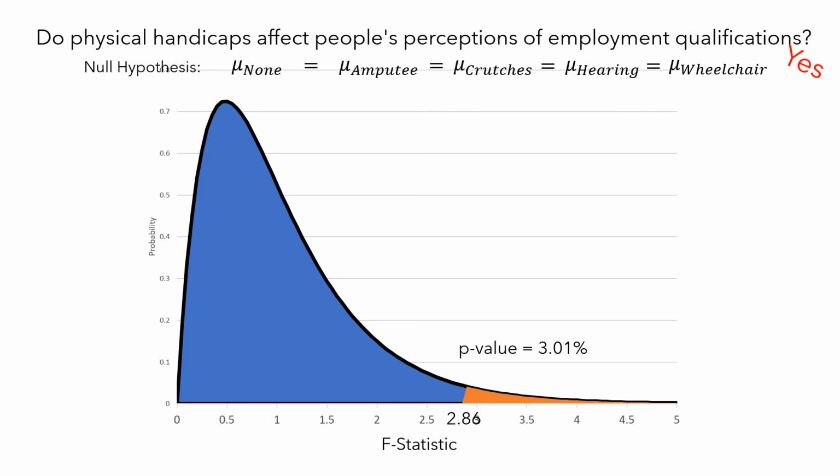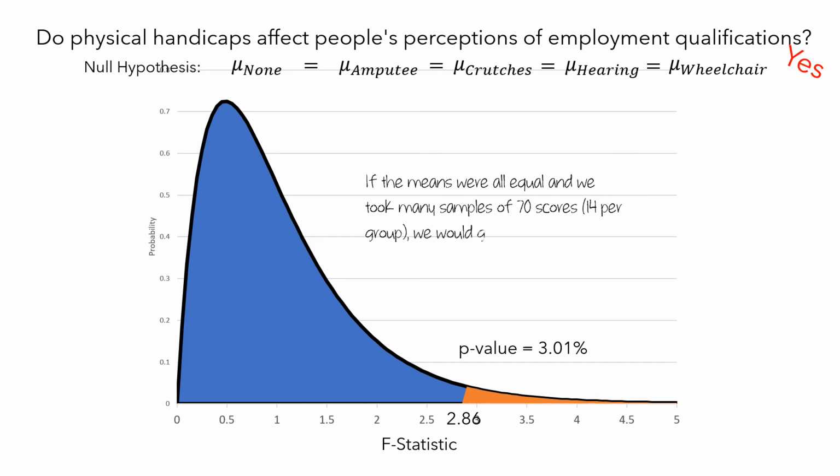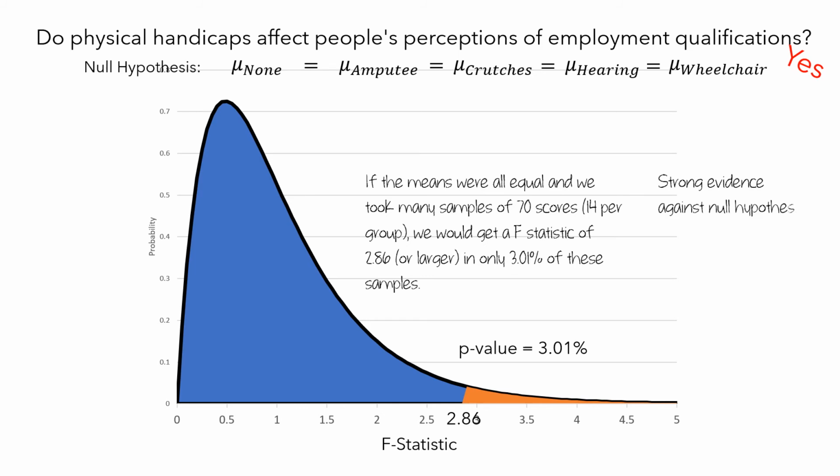This tells us that if the means were all equal and we took many samples of 70 scores with 14 per group, we would get an F statistic of 2.86 or larger in only 3.01% of these samples. Since this probability is relatively small, it is strong evidence against the null hypothesis, and the means are not all equal to each other.